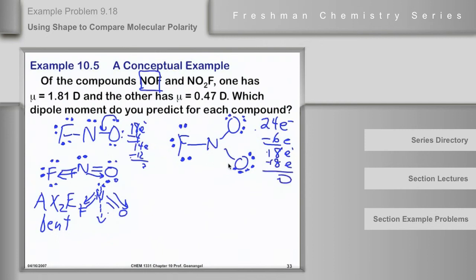But the nitrogen is short. It only has 6 electrons around it, so what do we do? Make a double bond. We can make a double bond from either one of these oxygens. So we make a double bond this way, put it there, and what we get looks like this.